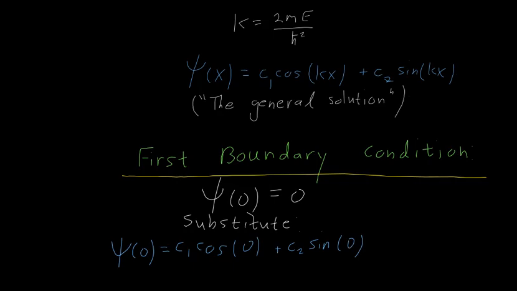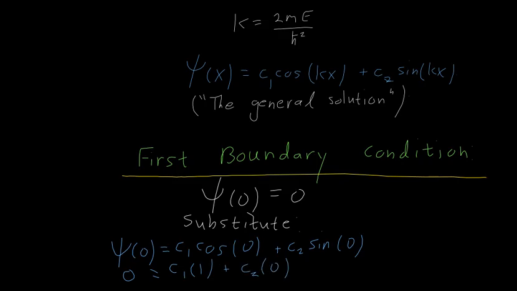Plugging in the boundary condition, this is equal to C1 times 1, since cos 0 is 1, plus C2 times 0, since sine 0 is 0. Hopefully you can see what I have down there.